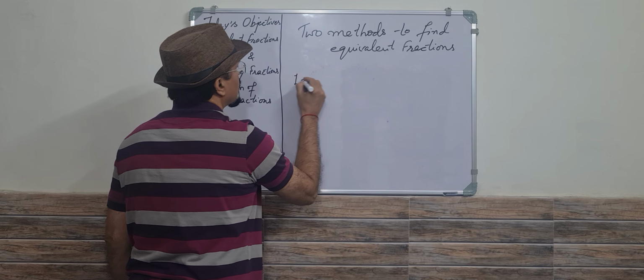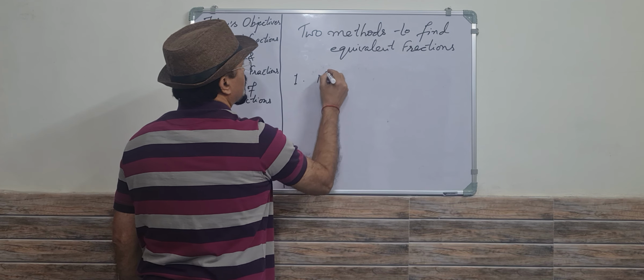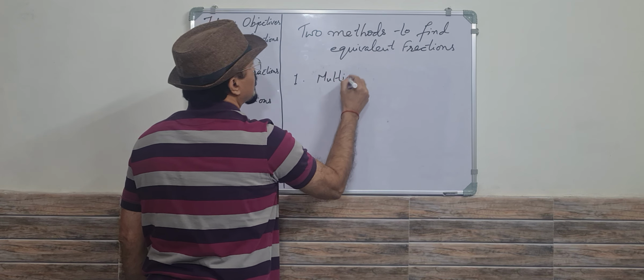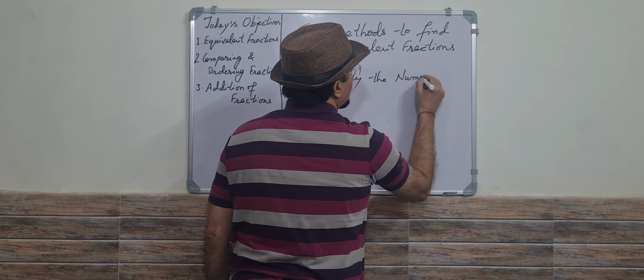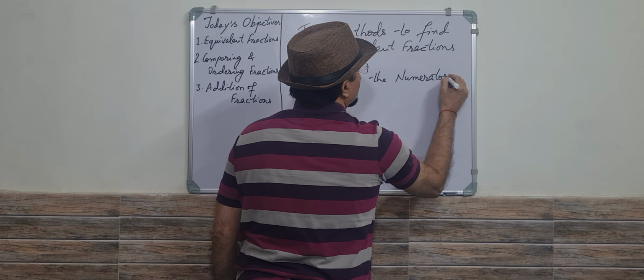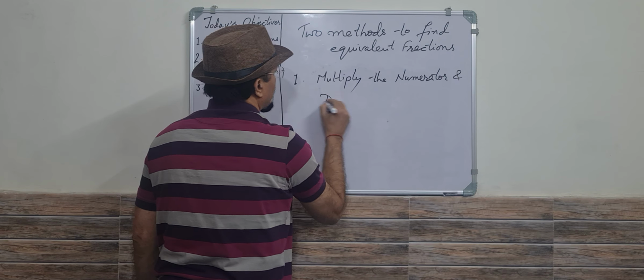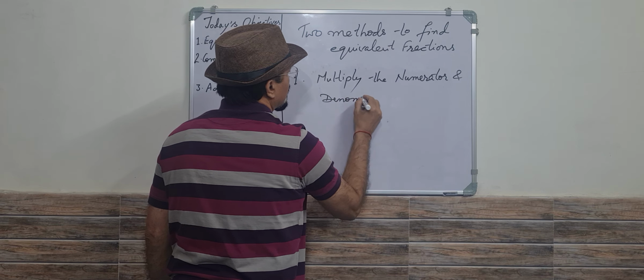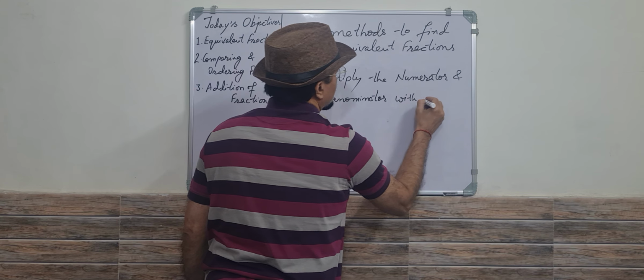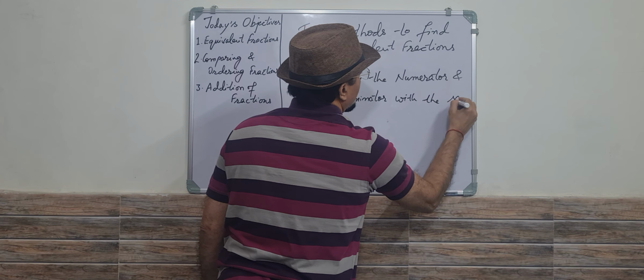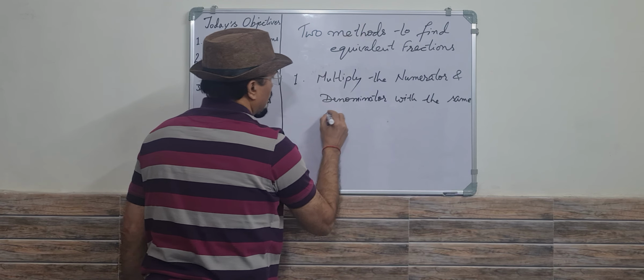Number 1, multiply the numerator and denominator with the same number.